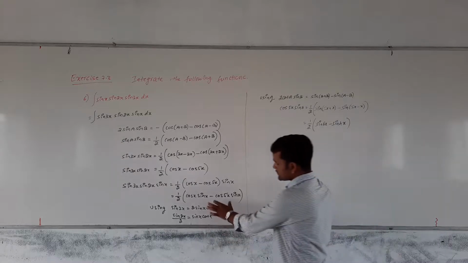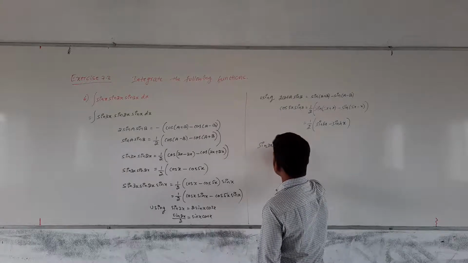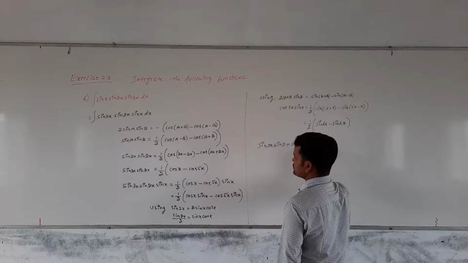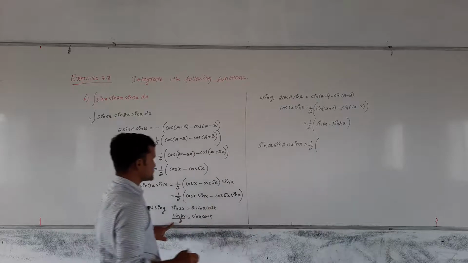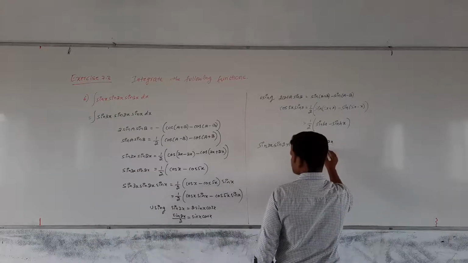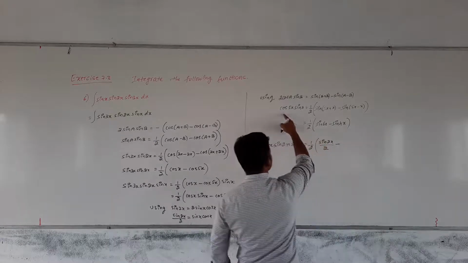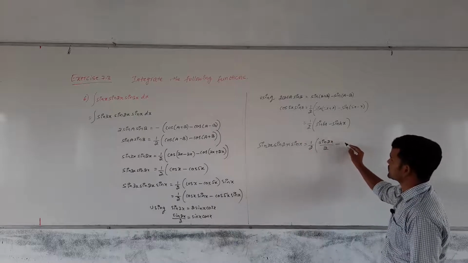Now coming to this, we have sine 3x into sine 2x into sine x, which is equal to 1 by 2 times cos x into sin x, which is nothing but sine 2x by 2, minus of cos 5x into sin x, which is nothing but 1 by 2 times sine 6x minus sine 4x.